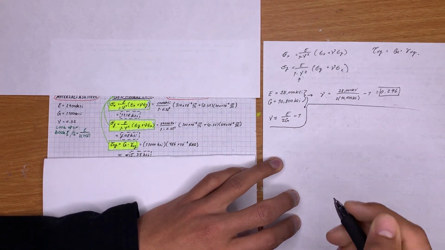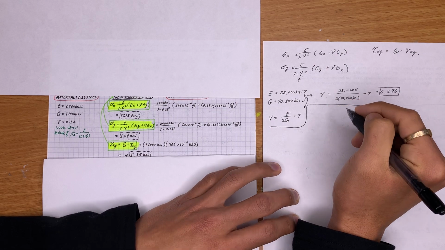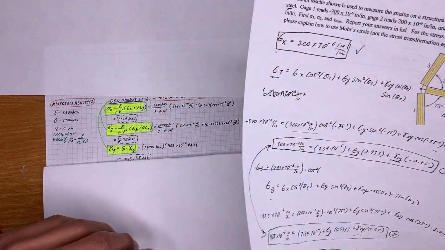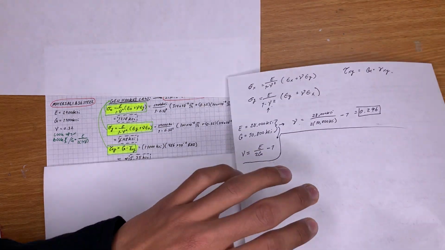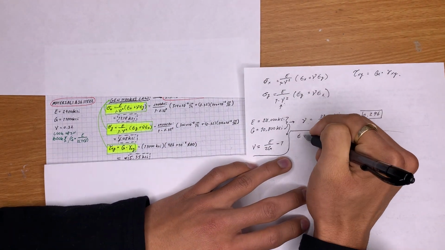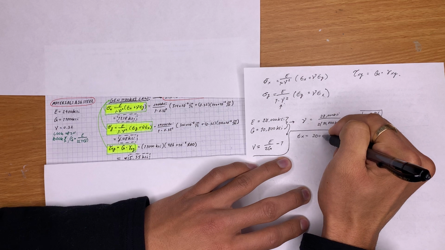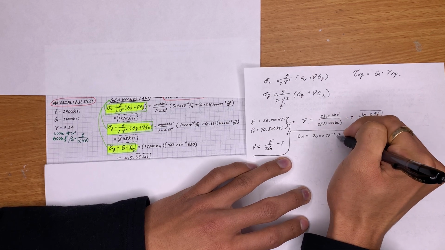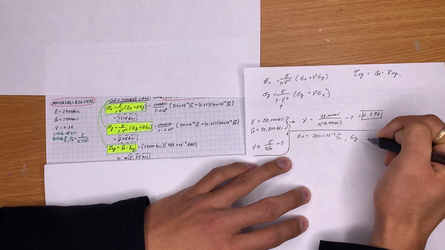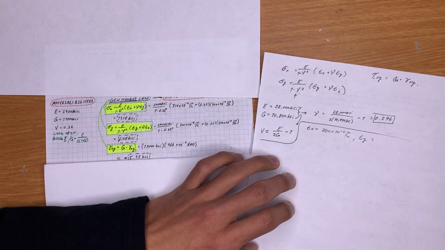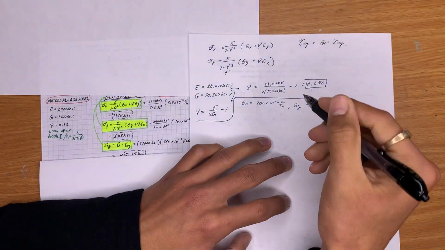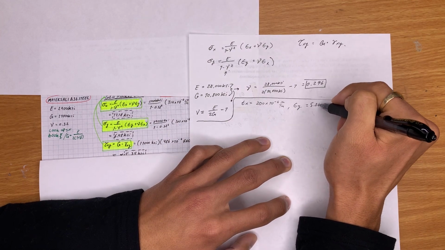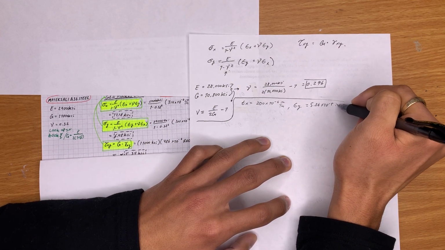Okay. So if we recall, I'm going to rewrite these down in the back of this page. Strain in the x was equal to 200 times 10 to the minus 6 inches per inch. Strain in the y is equal to 5.26 times 10 to the minus 5 inches per inch.